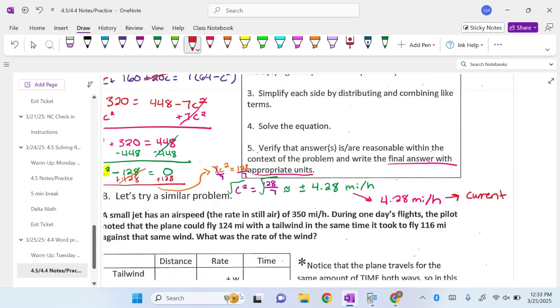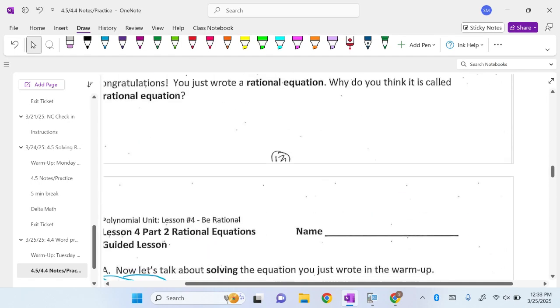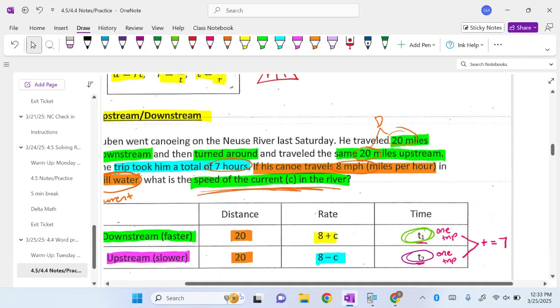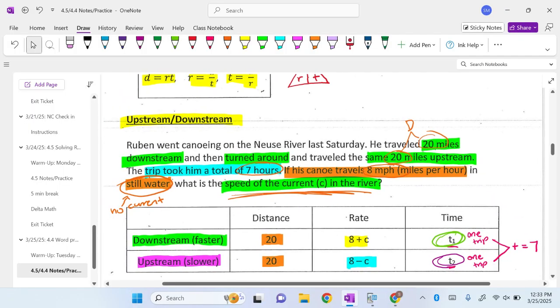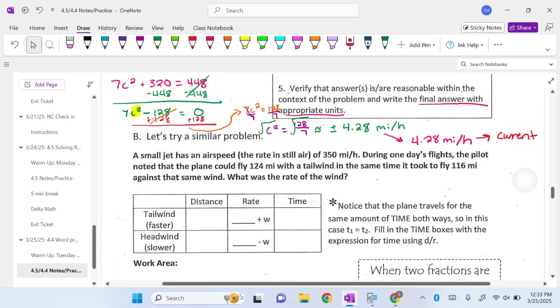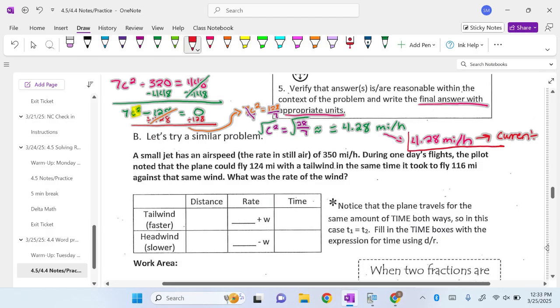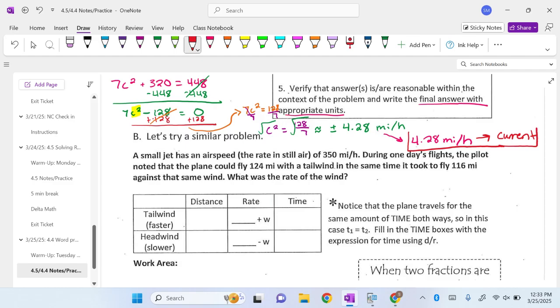However, what did the original problem ask us? The original problem asked us to find what the speed of the current is. So yeah, we're right. I'm trying to do extra, y'all. So yeah, this is our answer right here. All right. Any questions on that one?